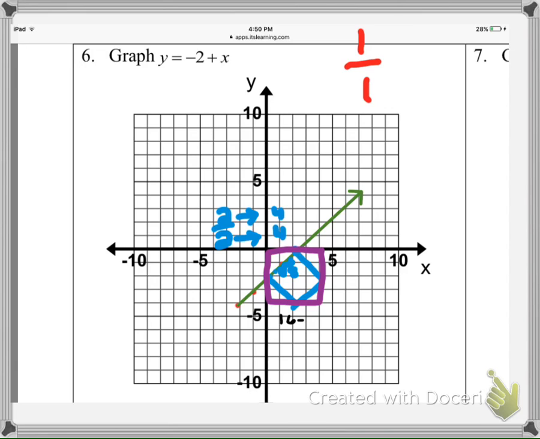So I'm going to do 16 minus the area of this little triangle right here. It's 2 by 2, so 2 times 2 is 4, and half of that is 2. So each of these is 2, and 2 times 4 is 8, and 16 take away 8 equals 8.